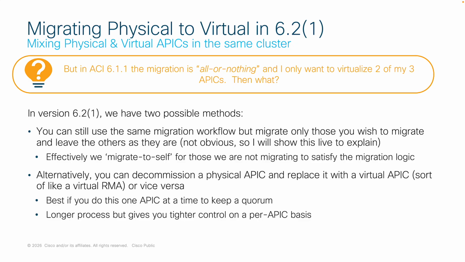Well, if you want to do this one APIC at a time, or you want tight control over just migrating one APIC at a time. Whereas the migration workflow says, hey, we can do 1, 2, or all in the process. And you might not want to do that all at once, but they're both perfectly fine. Don't worry, you have a choice. Now in my video, I'm using the first method because I think that's probably the easiest with the least amount of steps. And so that's what I'll show you.